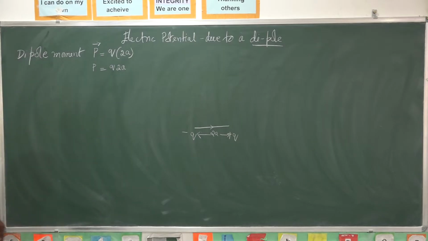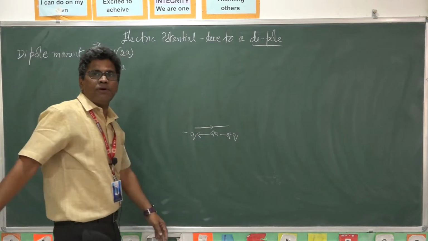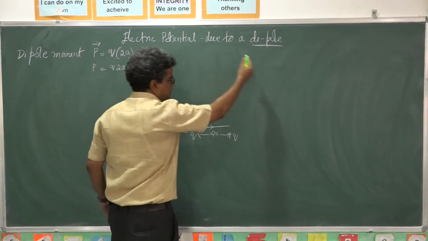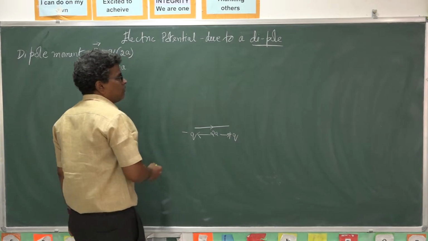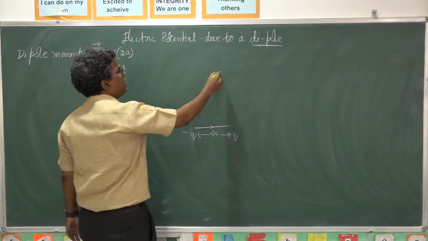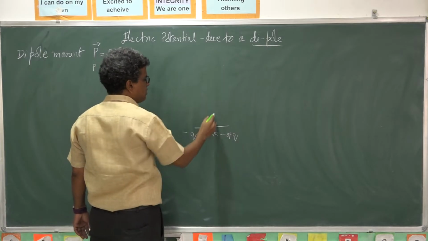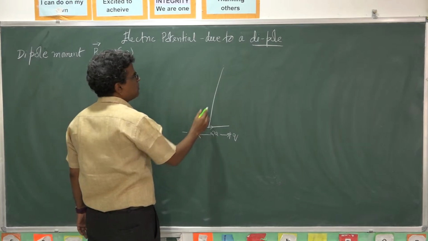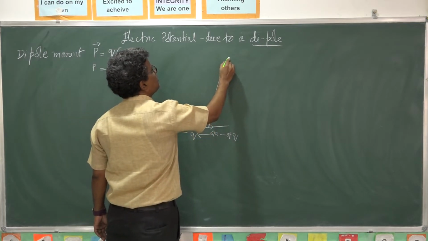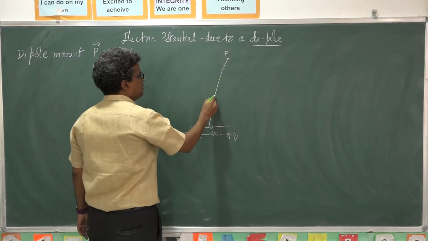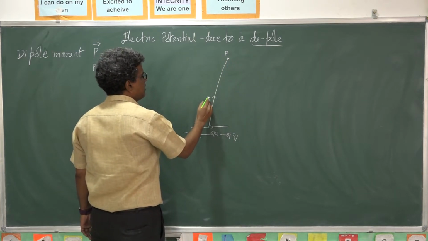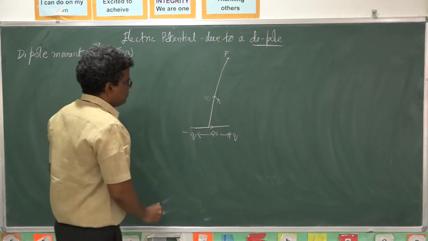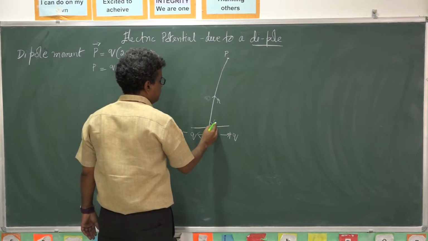Now due to this dipole, I want the electric potential at a point in the space surrounding it. You consider a point P. Join that point from the center. So this is the center of the dipole, and this point has the position vector r, which makes an angle theta with the dipole moment.